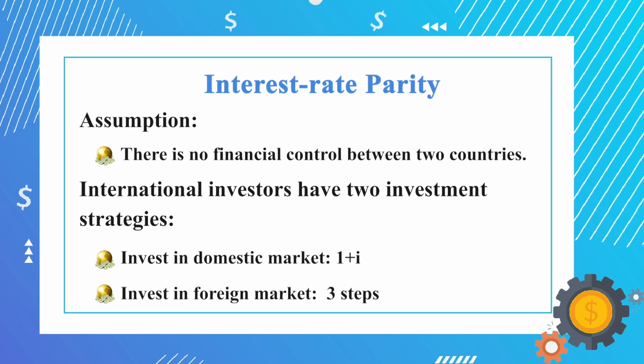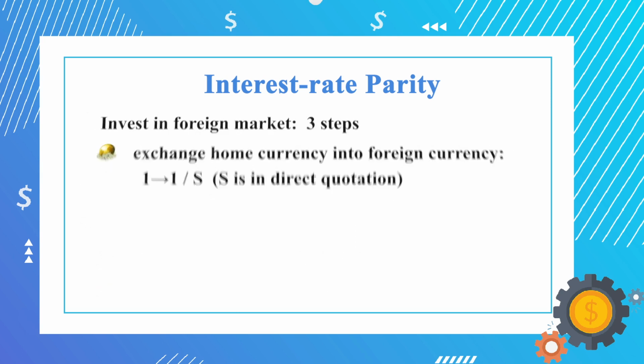Then there are 3 steps. The first step is to exchange home currency into foreign currency. With 1 unit of home currency, the investor can exchange for 1 over S foreign currency, as S here is the spot rate in direct quotation.